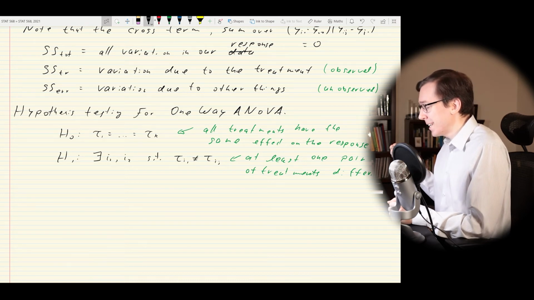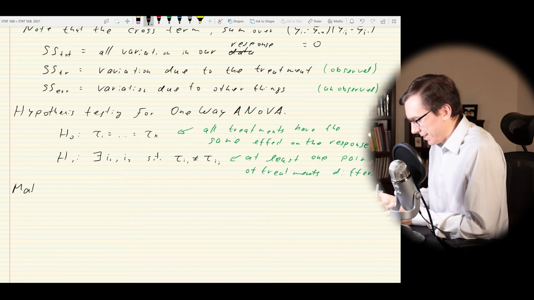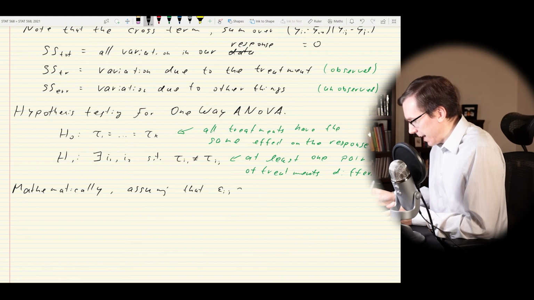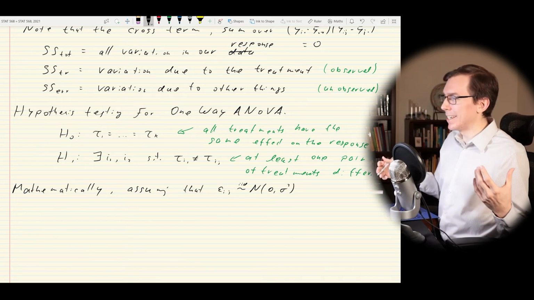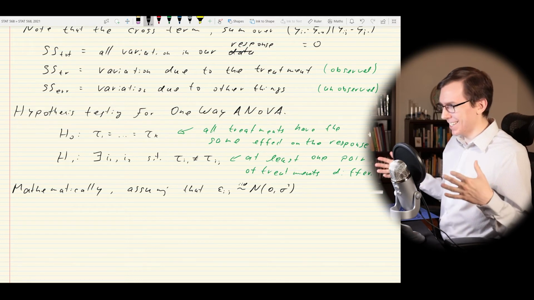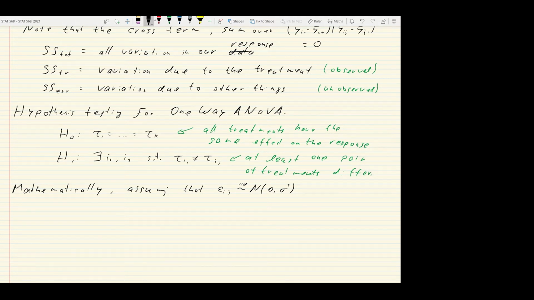Okay, so we can do this. So mathematically, we'll say, assuming that the epsilon ij are IID normal 0 sigma squared, which is, again, the big assumption that allows us to do parametric statistics in this setting, then what we find is that the error sum of squares happens to follow a chi-squared distribution with degrees of freedom n minus k.